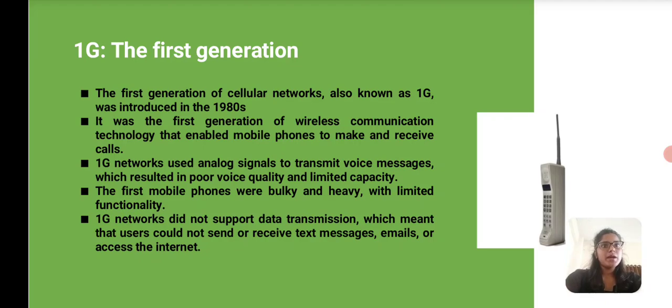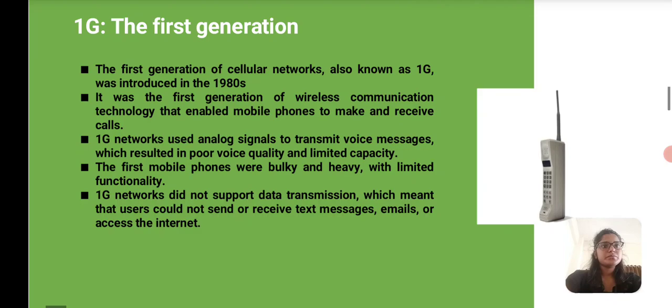The first mobile phones were bulky and heavy with limited functionality. 1G networks did not support data transmission, which meant that users could not send or receive text messages, emails, or access the internet.